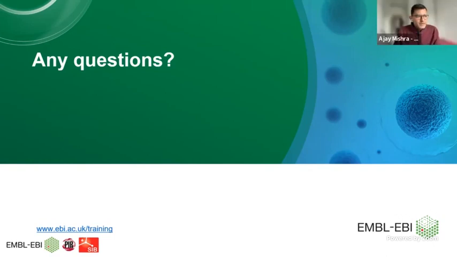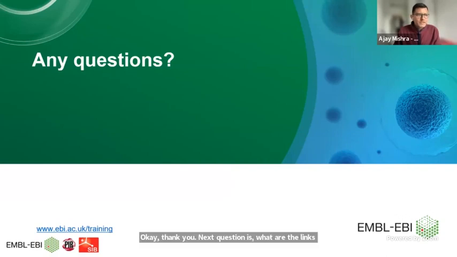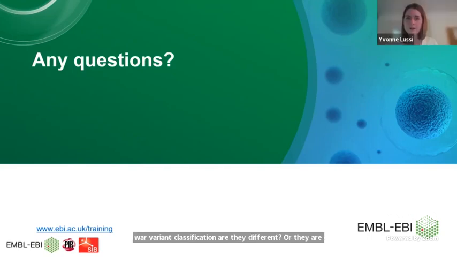Okay, thank you. Next question is, what are the links between the UniProt variant classification versus the ClinVar variant classification? Are they different or are they the same? That's a good question. There is a difference: ClinVar is using 5 categories, ranging from benign, likely benign, unknown significance, likely pathogenic, and pathogenic.